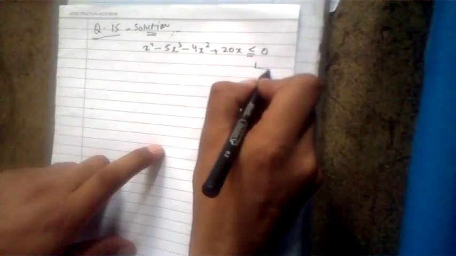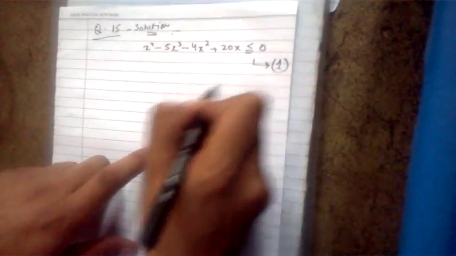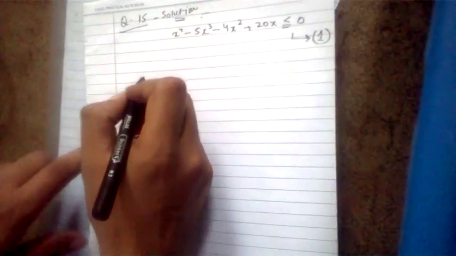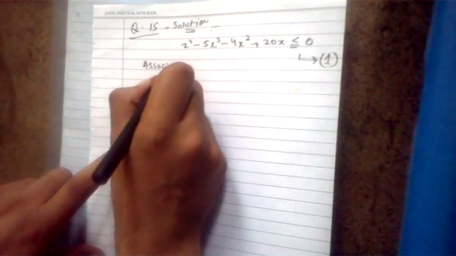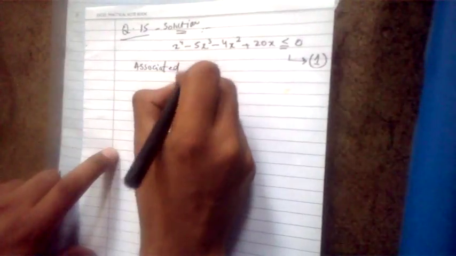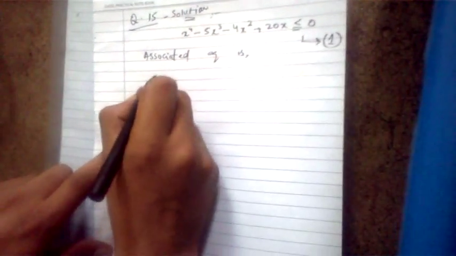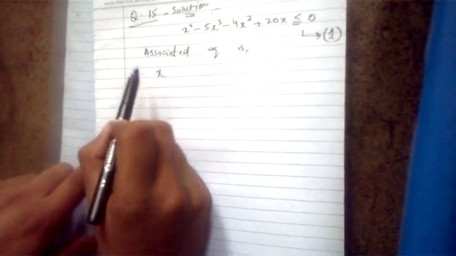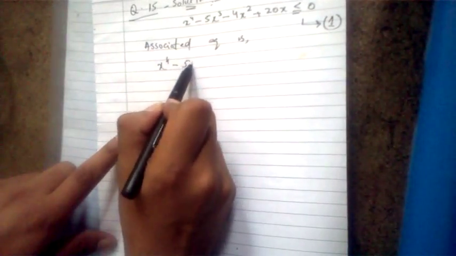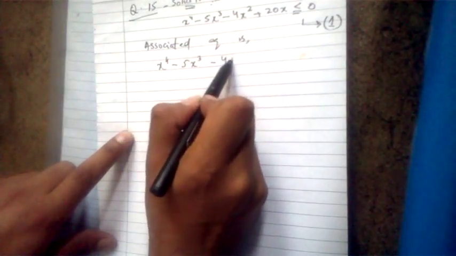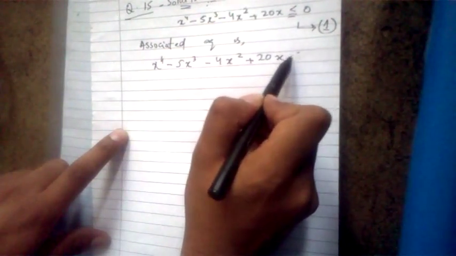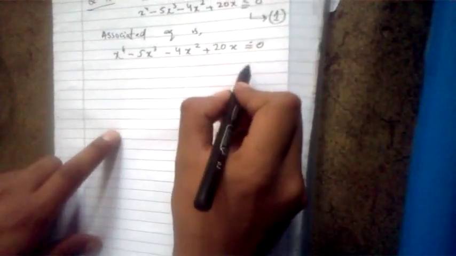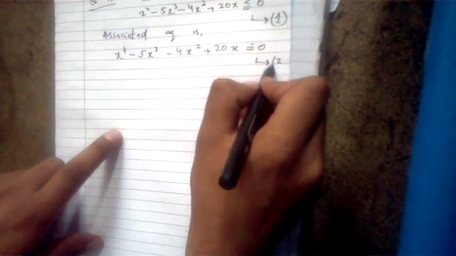Name this inequality as inequality number 1 and associate an equation to this inequality, that is the associated equation x power 4 minus 5x cubed minus 4x square plus 20x is equal to 0. This is equation number 2. You will have to solve it.